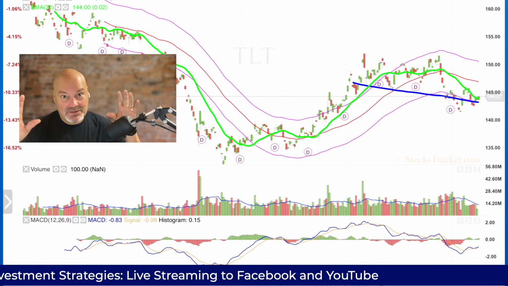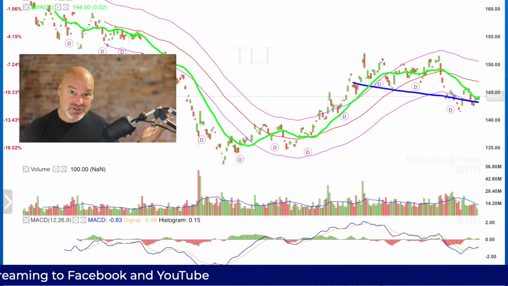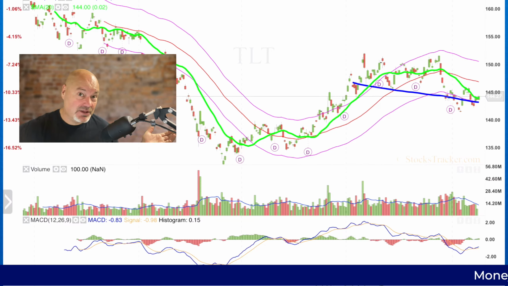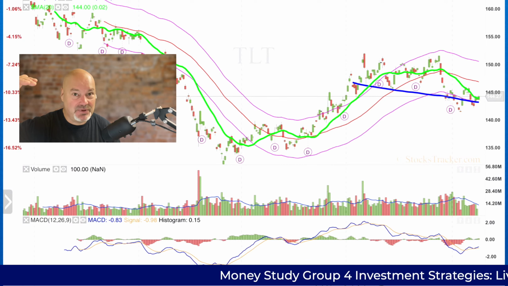And so having what we call a 60-40 portfolio means having 60% stocks and 40% bonds. And over the last 20, 30, 40 years, that's been a good mix, because when stocks go up, typically bonds go down.